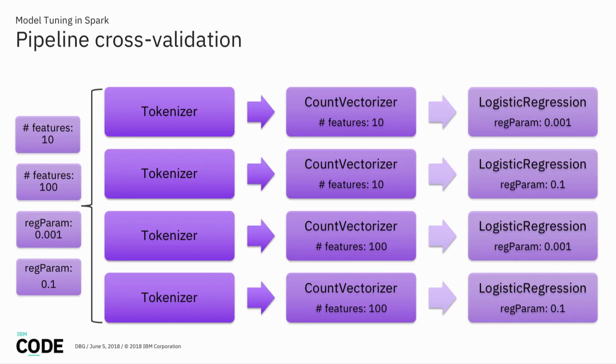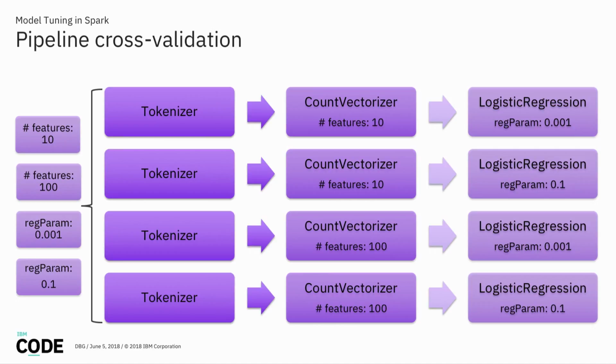So since we are focusing on 2 hyperparameters with 2 values, that leaves us with 4 possible candidate models to select from. And the way Spark works in this case is it takes each model one by one, trains it, evaluates it, gets a metric, and then goes on to the next model.